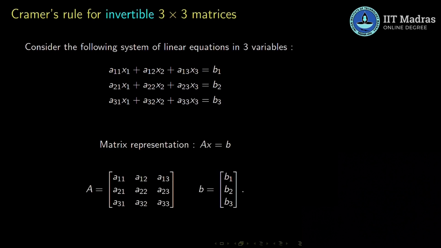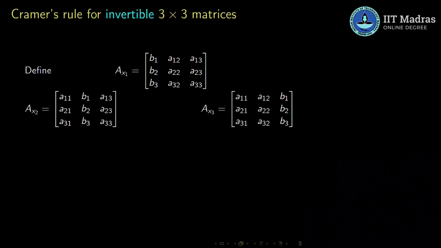So, here is the system of linear equations in 3 variables. So, recall that its matrix representation is Ax is B, where A is the coefficient matrix and B is this column vector of constants B1, B2, B3. Okay. So, in that case what is Cramer's rule? So, we will have to define these new matrices, again 3 by 3 matrices.